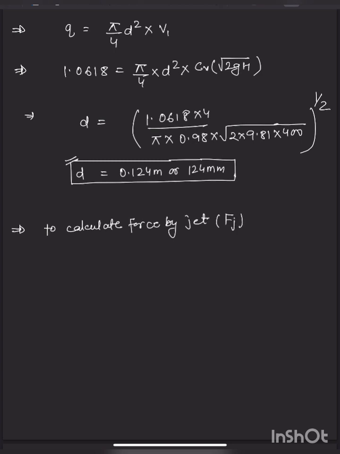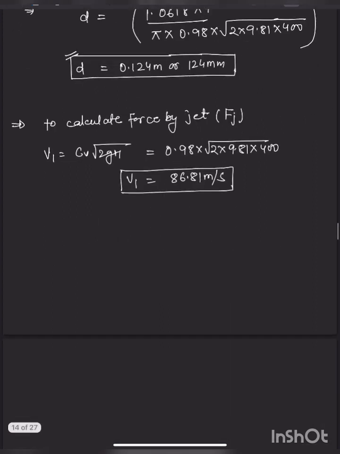So to calculate the force by the jet, we will calculate the actual velocity and we will draw the velocity triangle of the blade. So the actual velocity is 86.81 meter per second. Now we will calculate the blade velocity.